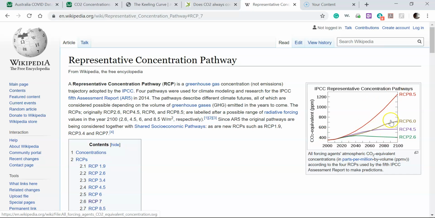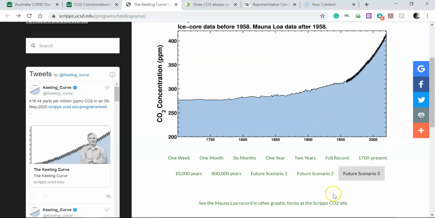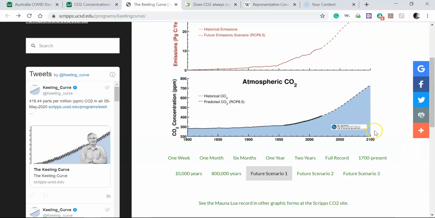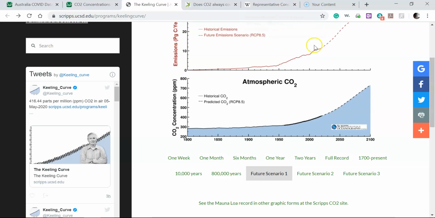And then there are a few different target pathways for what this would do. The RCP, representative concentration pathway 8.5, just keeps on increasing and getting higher and higher. You can see this has it going up past 1200 parts per million, and increasing beyond that.